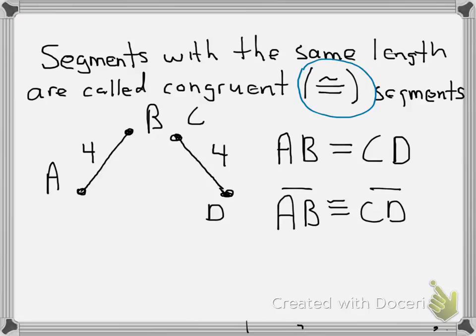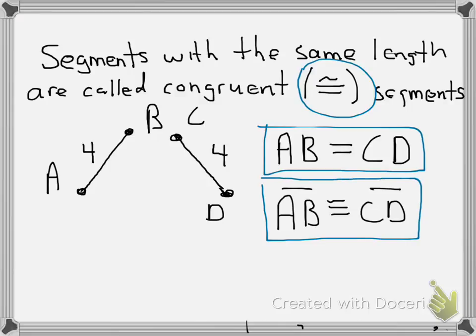Segment AB has length 4 and CD has length 4. We can either say that AB equals CD, meaning the length of segment AB equals the length of segment CD, or using the new word congruent, we can claim that segment AB is congruent to segment CD. Notice when you use the congruent symbol, you throw the segment bars in.